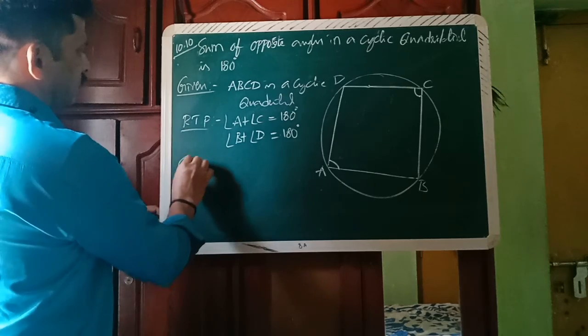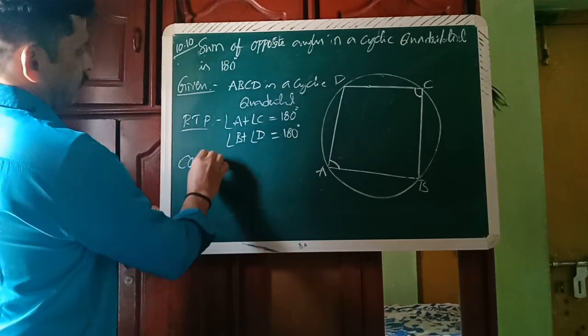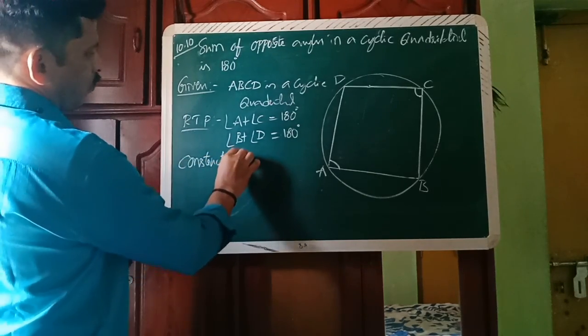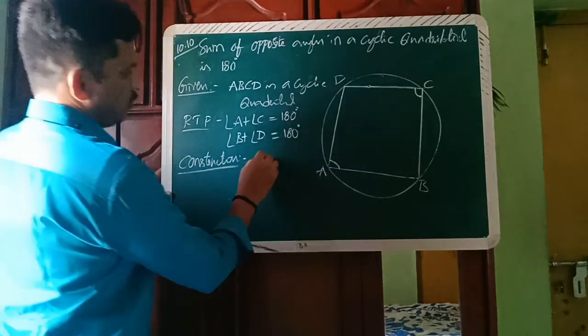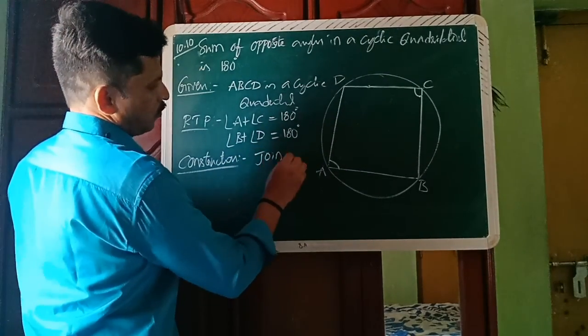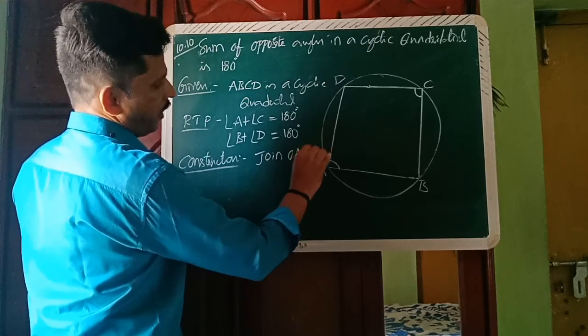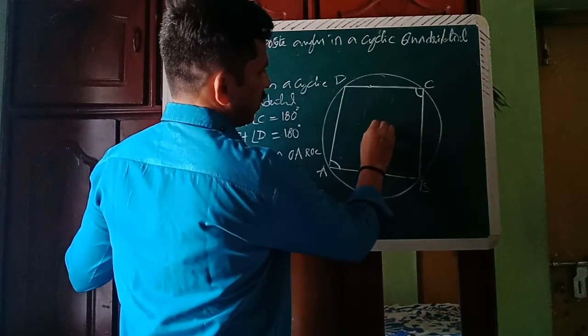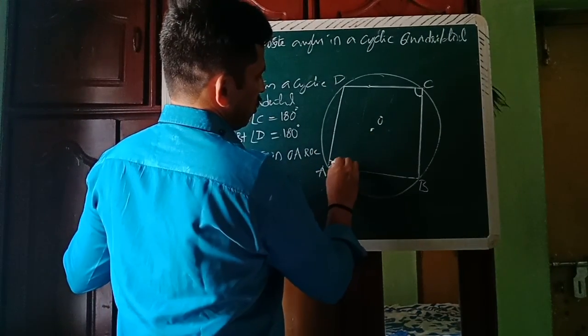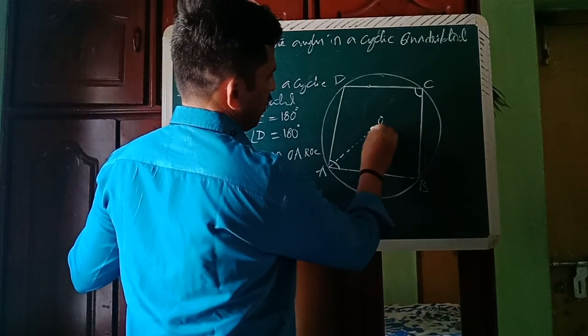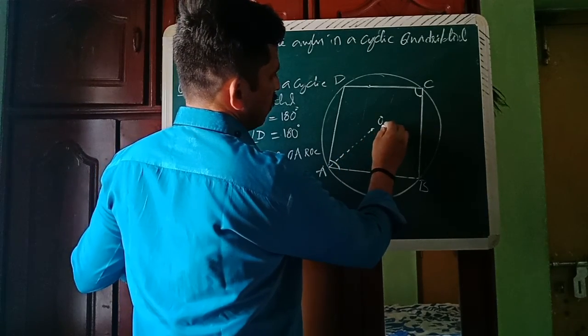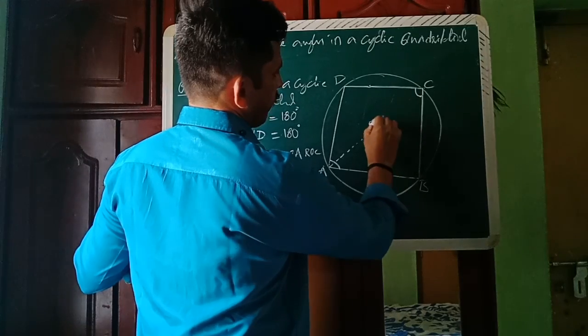Construction: join OA and OC, where O is the center of the circle. Join OA and OC.